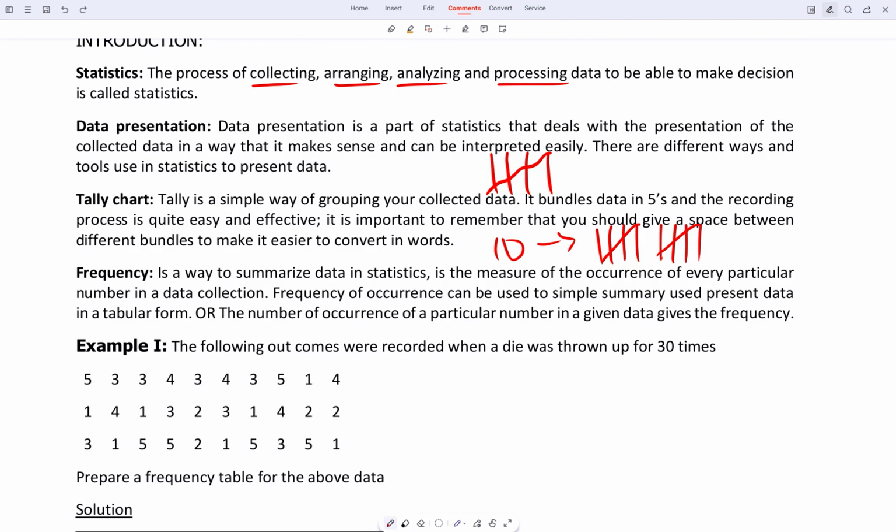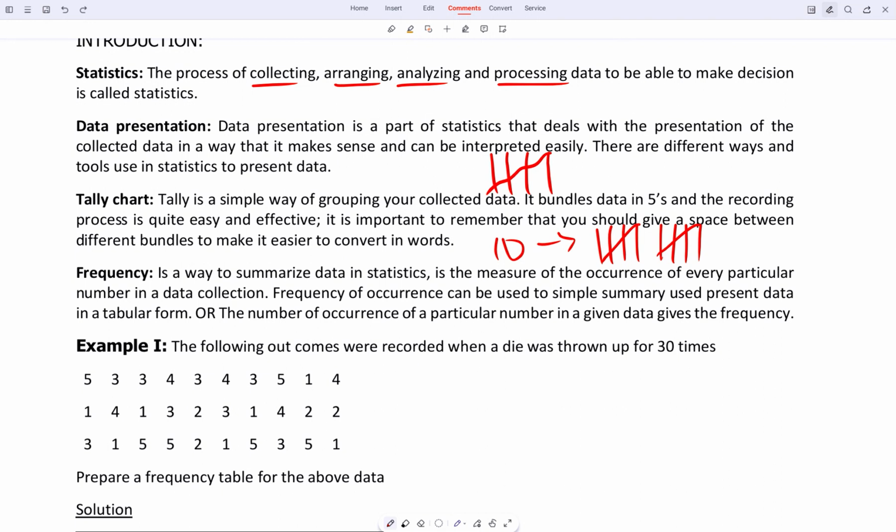Frequency of occurrence can be used to simply summarize and present data in a tabular form, or the number of occurrence. What we are trying to say there is that frequency is like the number of times something occurs.